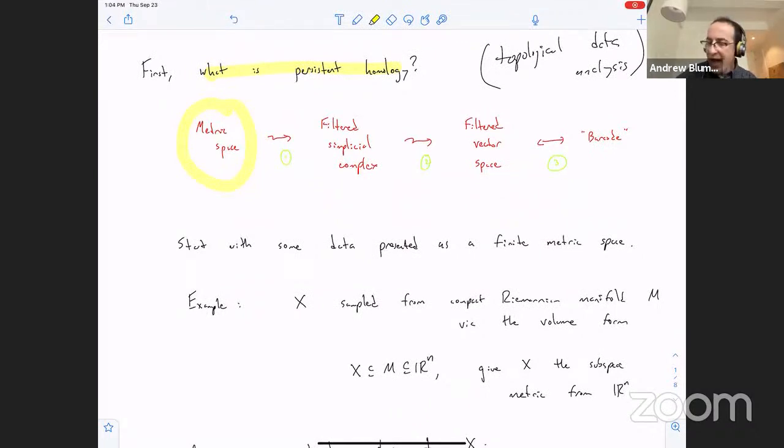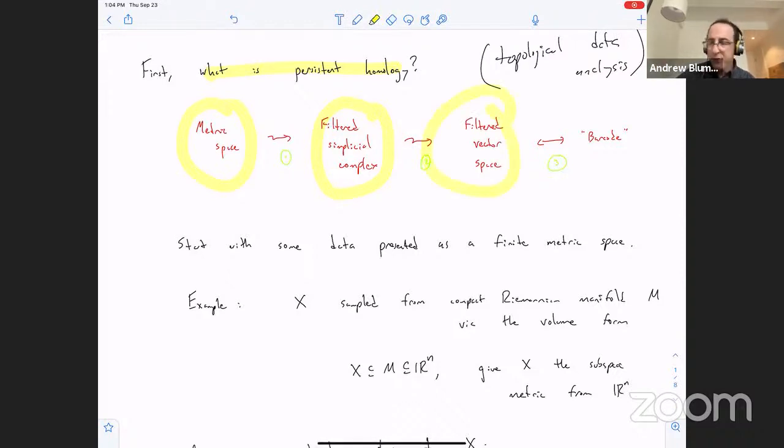That has no intrinsic topology, or it's discrete. But from that, we are going to produce a filtered simplicial complex, where a simplicial complex is a combinatorial model of a space, and the filtration arises typically from letting the assumed feature scale of the data vary. From this filtered simplicial complex, by applying something like homology, we obtain a filtered vector space.